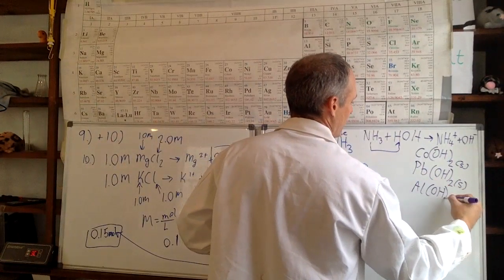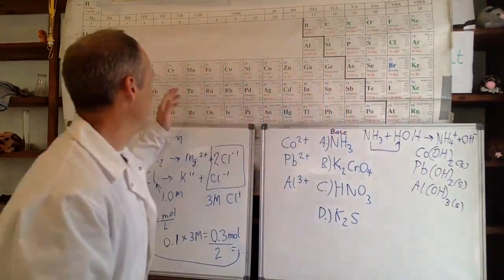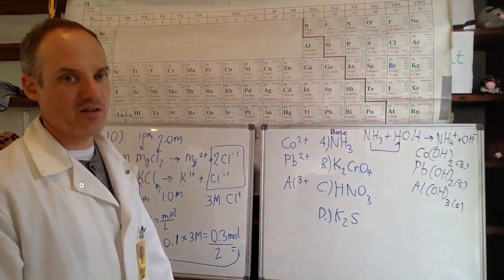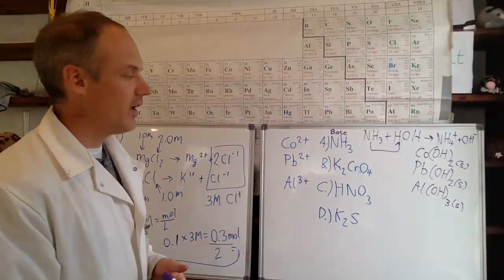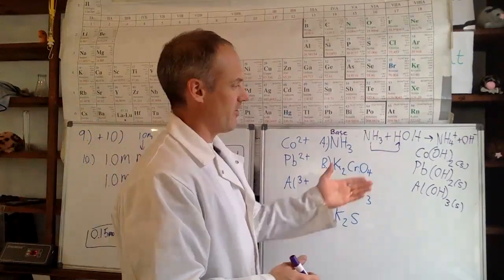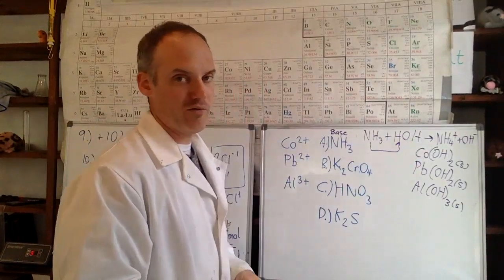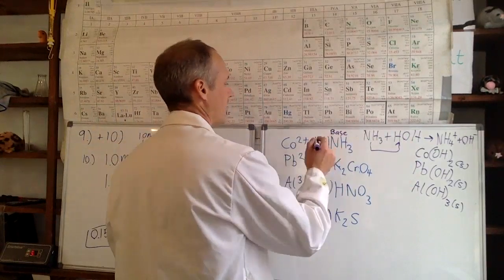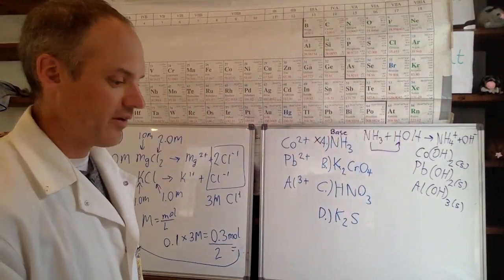Only the strong metals from column 1 and 2 make strong bases that dissolve in water and actually get to act like a base because they split apart and have the hydroxides there. These are all going to form precipitates. In particular, the lead is going to be very much a precipitate. Okay, so you can get rid of A then because those would form a reaction by making precipitates.